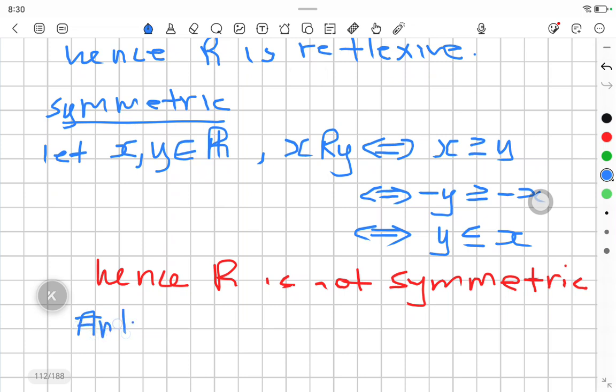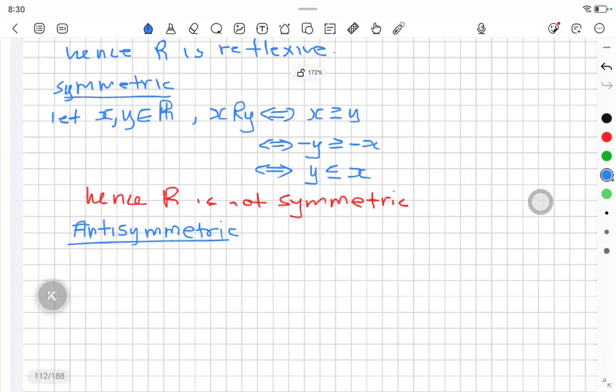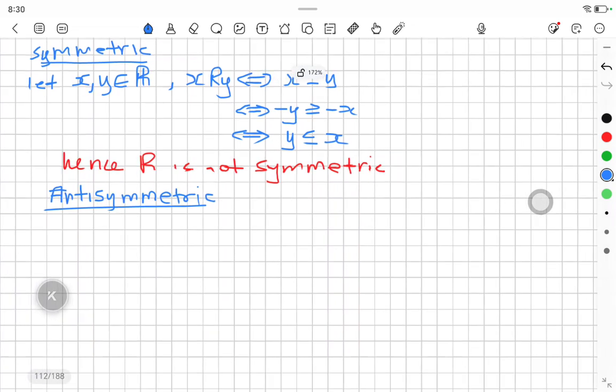Antisymmetric. So even though this relation is not symmetric, when we come to antisymmetric, we're going to let x, y be an element of the real numbers.